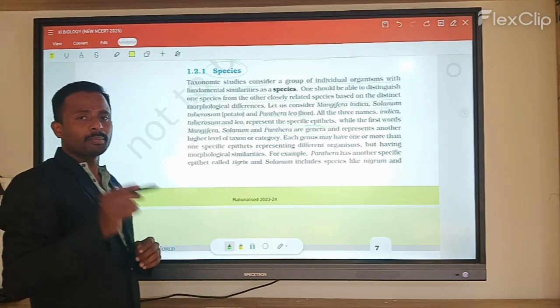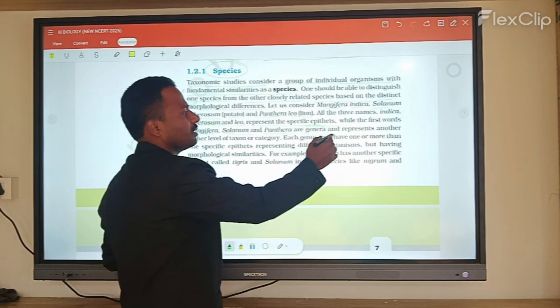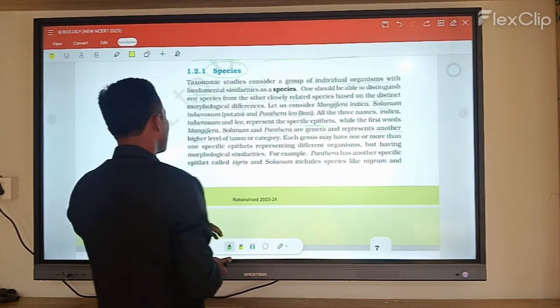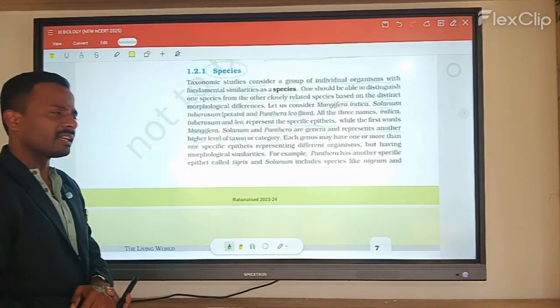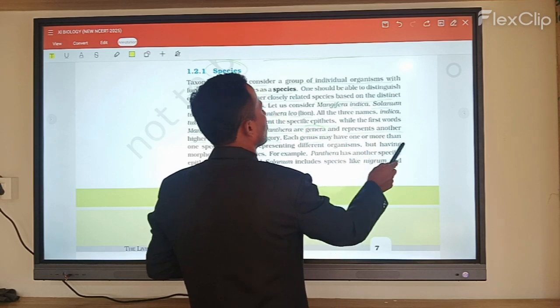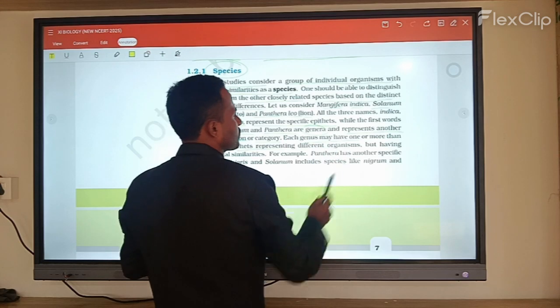Already we have been discussing binomial nomenclature. Am I right? One is a genus name, another is a specific epithet. So genera represent another, higher level of taxonomic category. Next, each genus may have one or more than one species epithet representing different organisms.